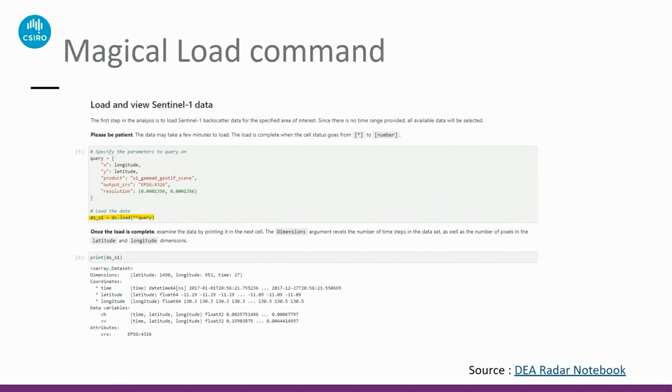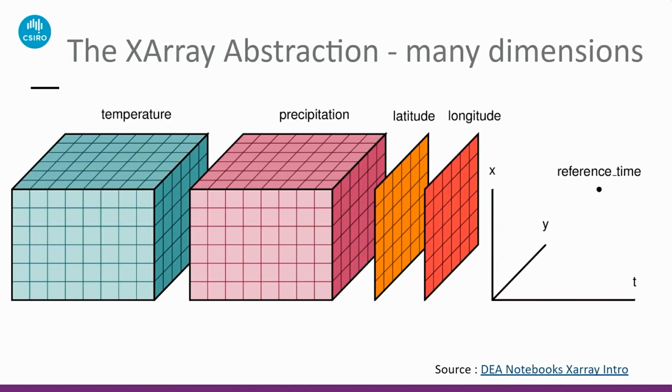The magical command it usually provides is dc.load, using your parameterized query for your resolution and where you're looking for the data. It returns the results in an Xarray abstraction, where you have the different dimensions, and Xarray is sort of a hybrid between pandas and NumPy.